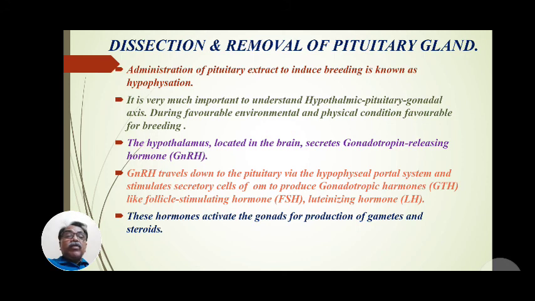When gonadotropin releasing hormone travels down to the pituitary via the hypophyseal portal system and stimulates secretory cells to produce the gonadotropic hormone, that is GTH, like follicle stimulating hormone and luteinizing hormone, FSH and LH.